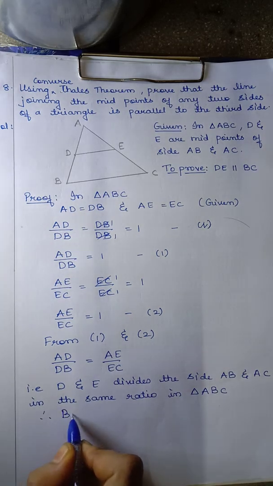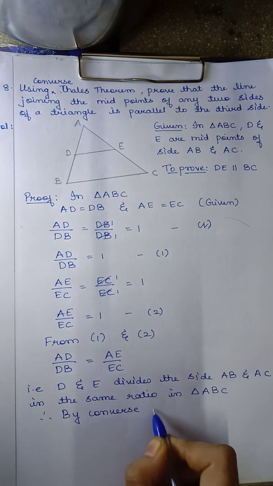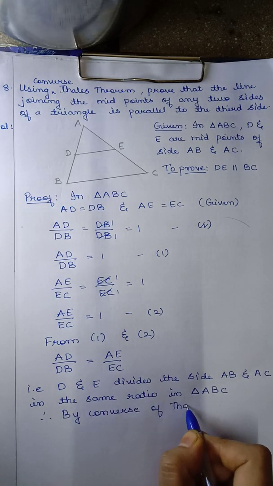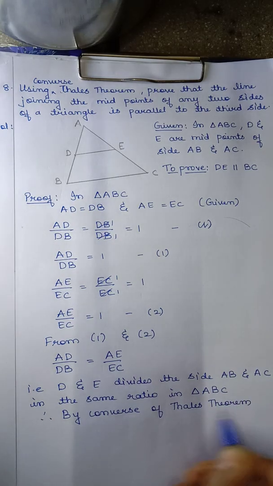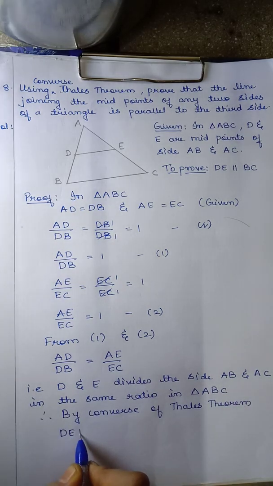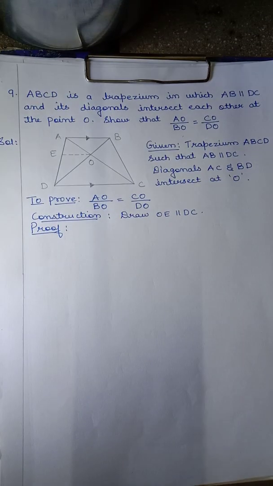Therefore, by converse of Thales theorem, DE is parallel to BC. Okay, hence it is proved.